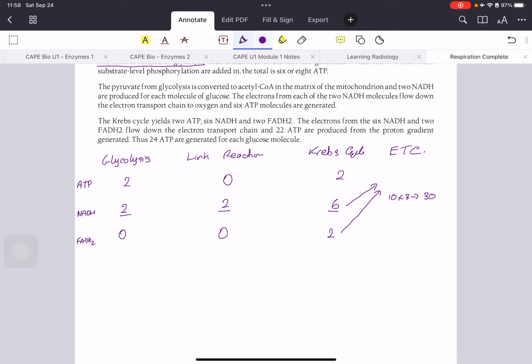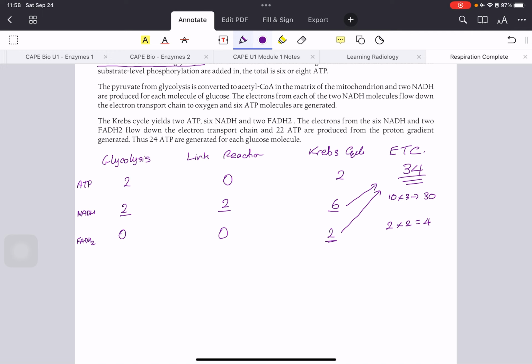And then for the FADH2, we get 2 ATP per molecule. So we have 2 of them. So that's 2 by 2, which is 4. Right? So in the electron transport chain, we get a total of 34 ATP molecules.